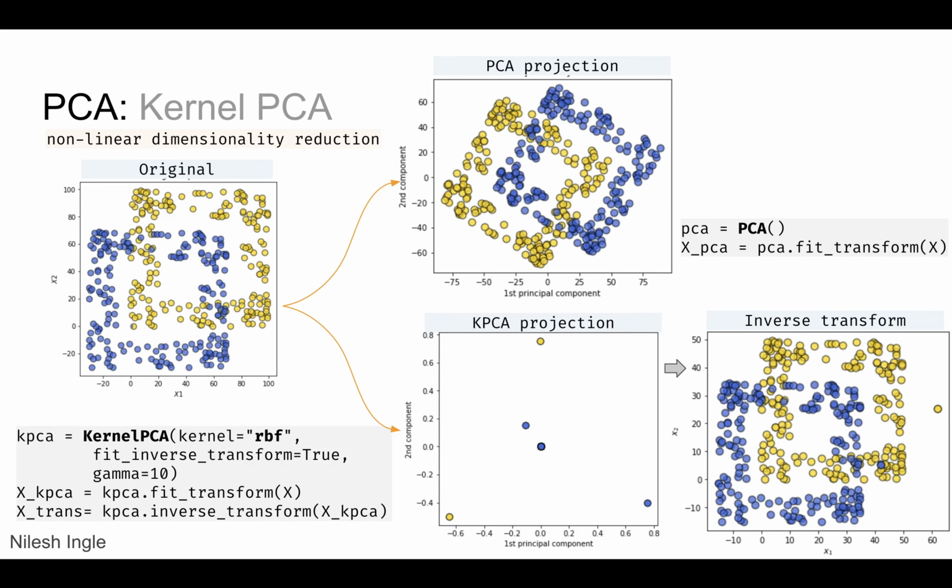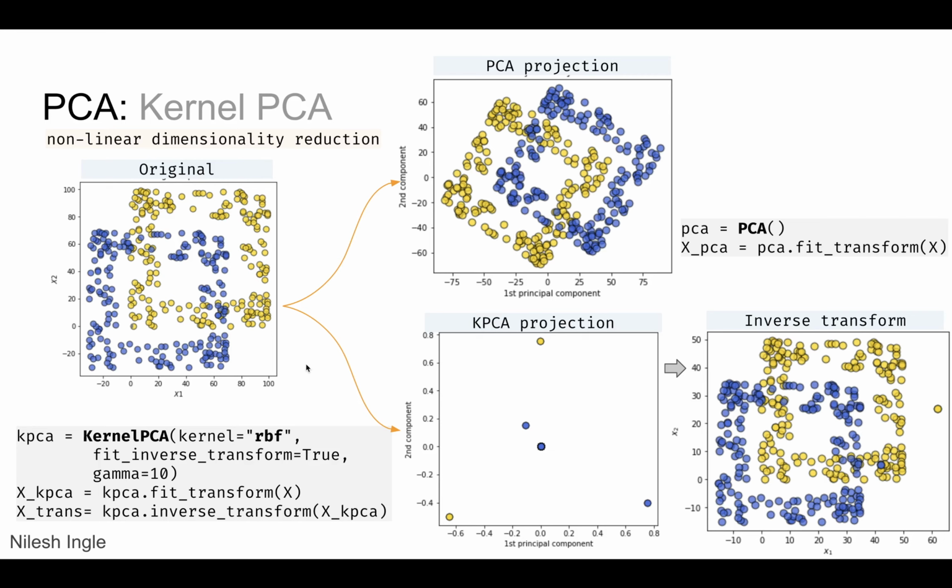Next is Kernel PCA. This is used for nonlinear dimensionality reduction. Here we have a data set shown in the yellow dots and the blue dots. If we perform PCA projection, we get this plot that's shown above.